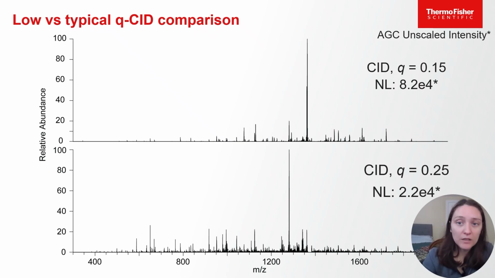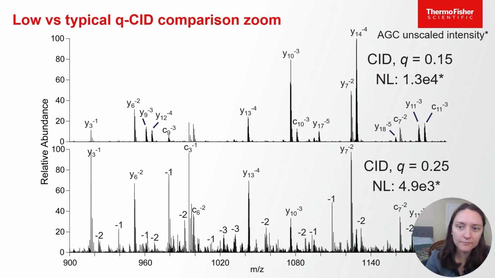And so we can see the difference in the spectra is immediately apparent, quite different. The low Q CID top spectrum has much fewer peaks in it. So let's do a zoom and look at the more detailed.